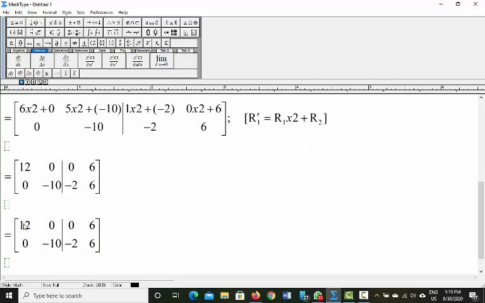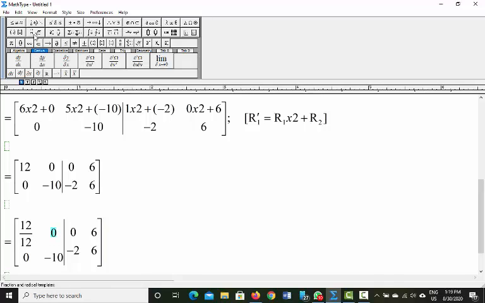If you want to convert this 12 to 1, we will divide it by 12. Then we will get 1. Similarly, you need to divide these other elements also by 12. You can ignore the 0, because if you divide it by 12, you will get the same 0.